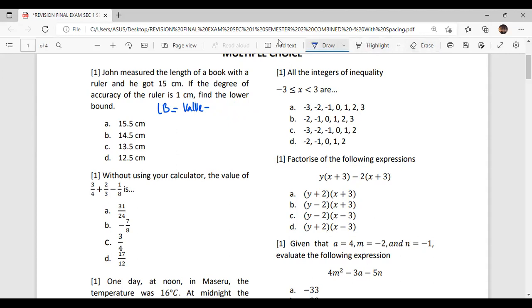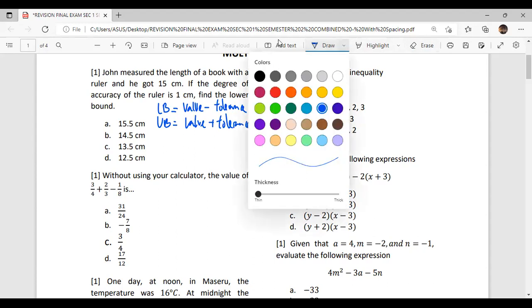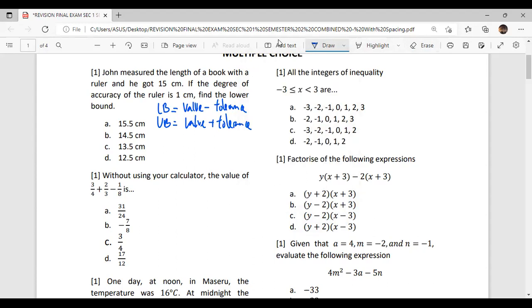Lower bound is value subtract tolerance. How about upper bound? Upper bound is value plus tolerance. And what we know about the tolerance is it's always half of the accuracy.